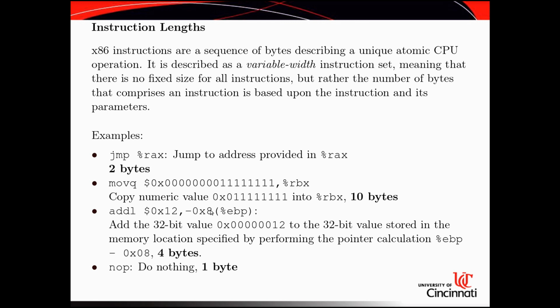The next one, this is one of the more complicated ones, so it kind of shows you the expressiveness of this language. I'll just read off, addl, and then it is 0x12, which is going to be the decimal value 18, and then comma minus 0x8, and then parentheses around the register EBP.